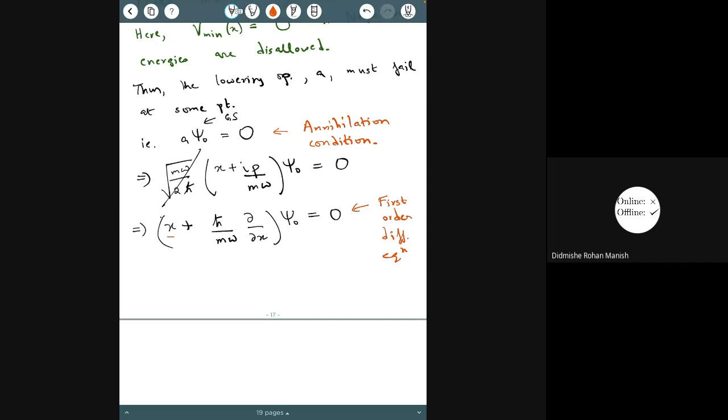This is much simpler to solve, and this condition ensures that A is a more physical operator, so it actually gives you the ground state eventually, and you can obtain it from this equation.